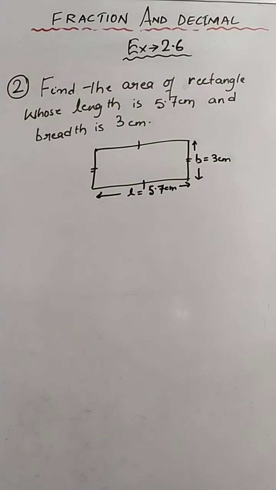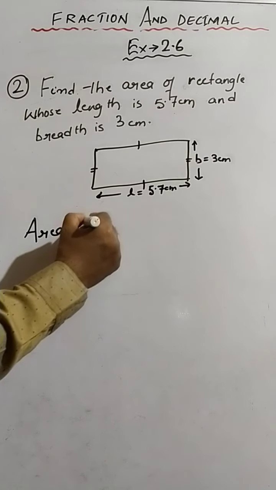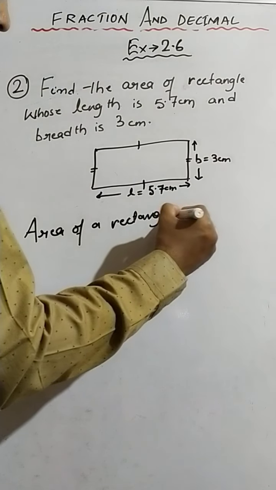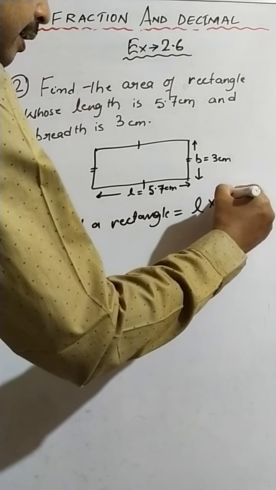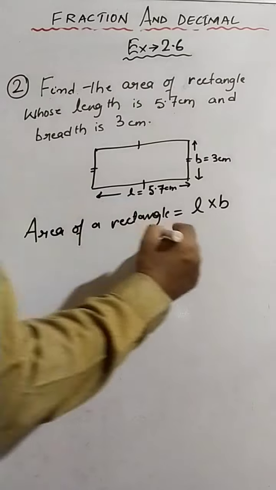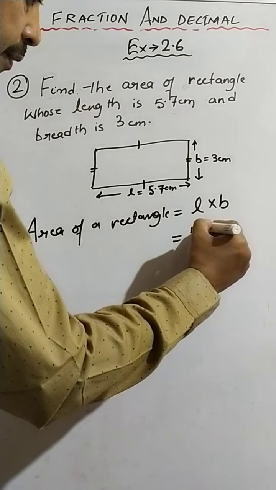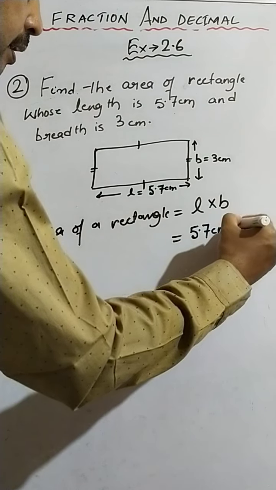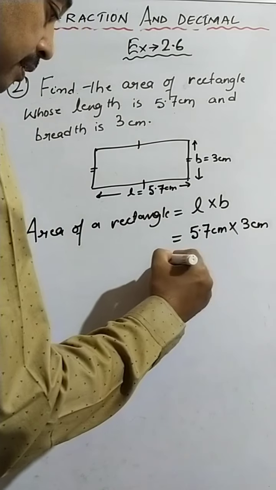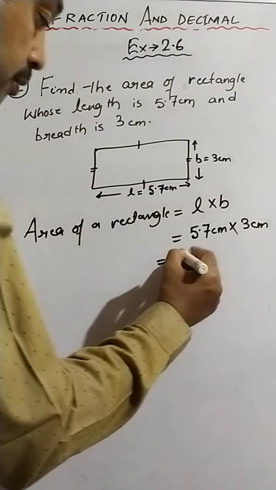Now we have to find the area. What is the formula of area of a rectangle? We will write it down. Area of a rectangle equals length into breadth. In place of length, what is the value given? 5.7 centimeter. And the value of breadth given is 3 centimeter. Again we'll convert the decimal form into fractional form.